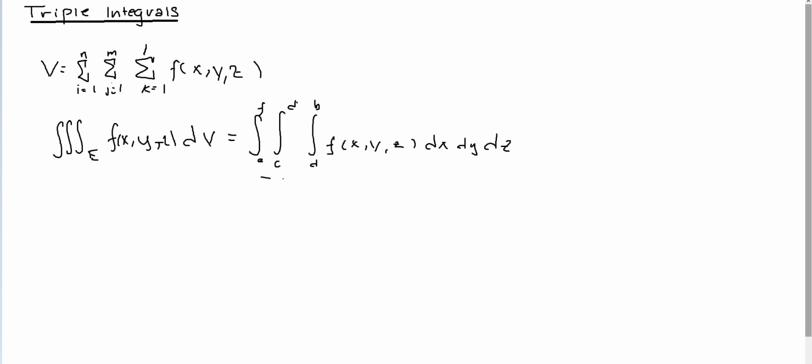And that is essentially what our triple integral is. It is a double integral with another integral. And that is as easy as it seems, because knowing what a double integral is, all you're doing is adding a component to it, another component, the z component.